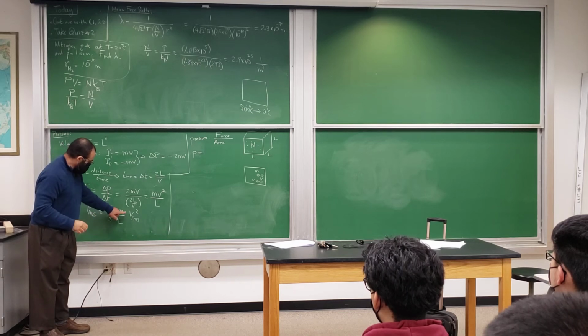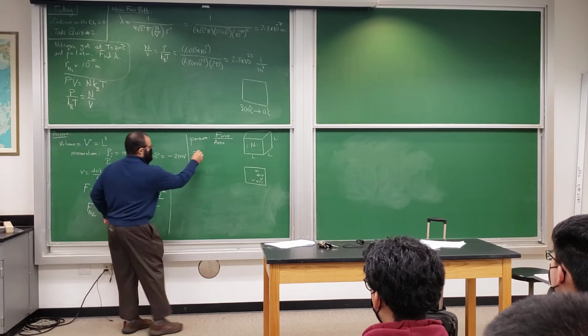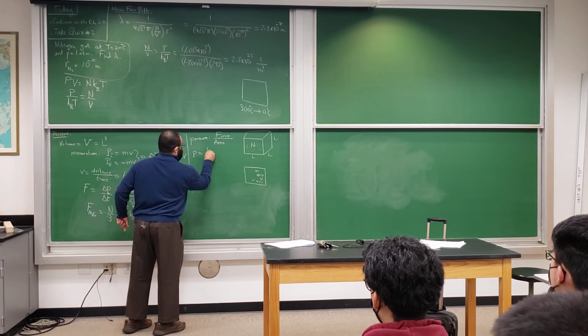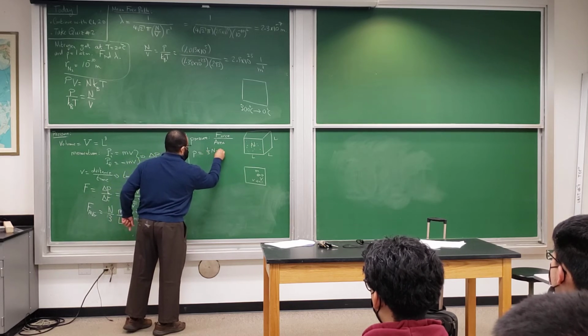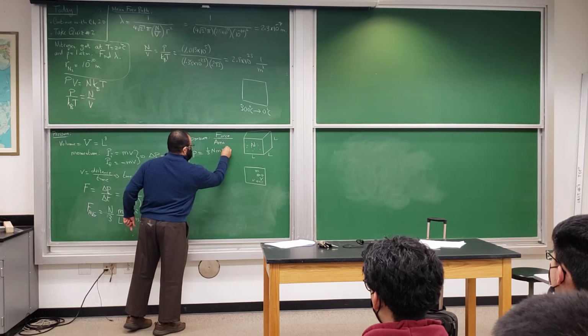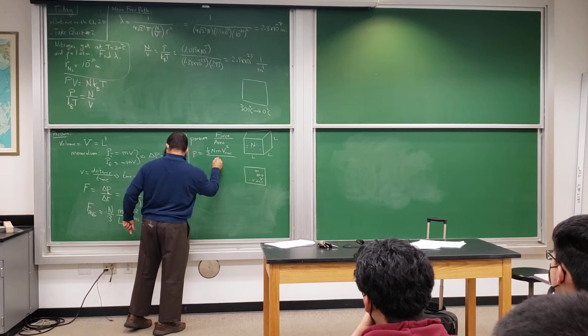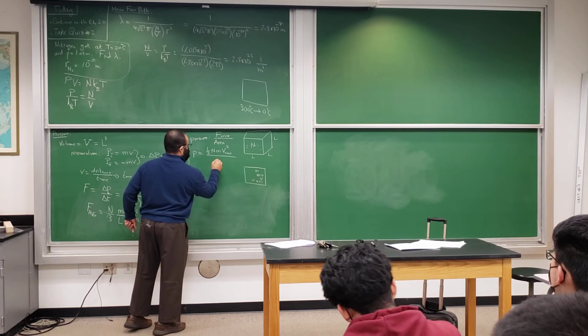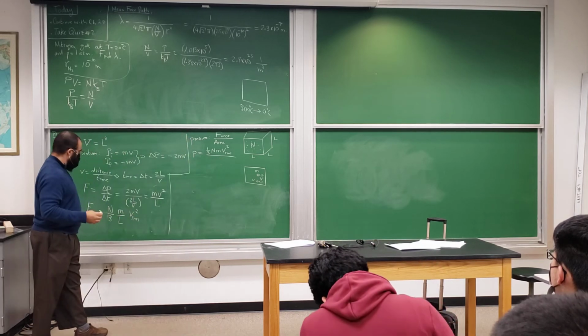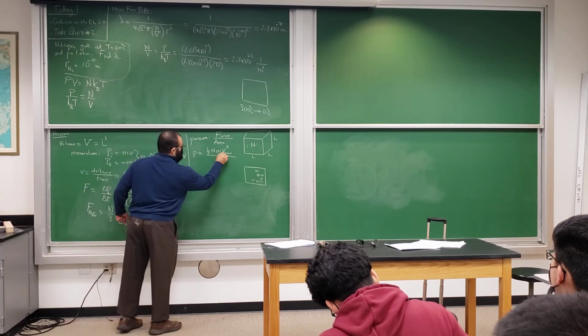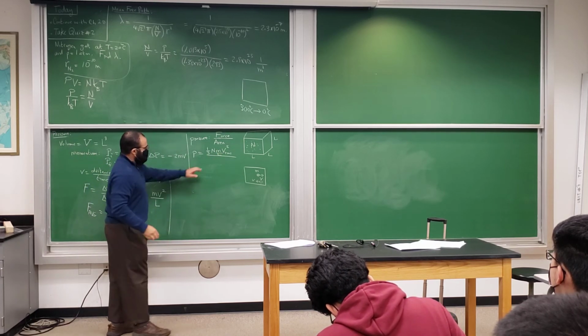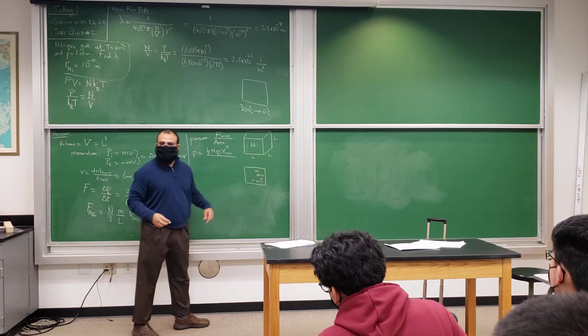1/3 and all this stuff, 1/3 and V squared RMS over that. Am I missing something? Oh, I'm over L. Yeah, there is an L here. And then what's the area of the side of the box?